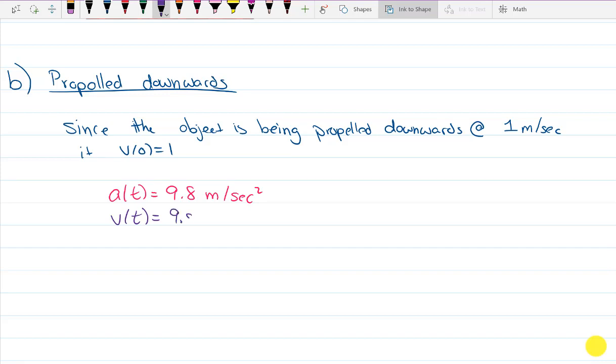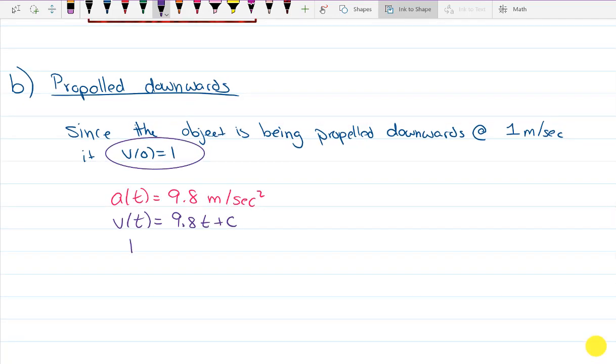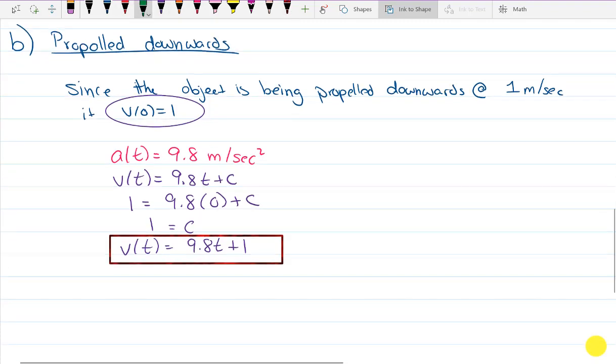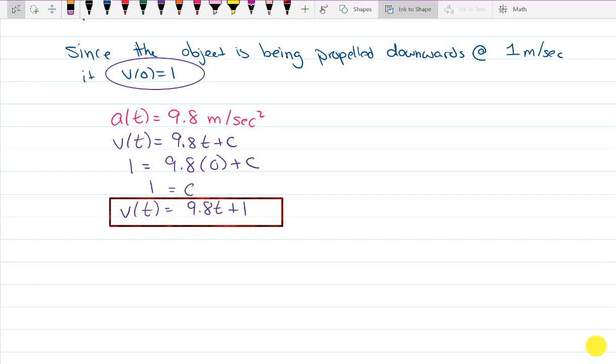So you get 9.8t plus c, but in this case, v of 0 is equal to 1. So 1 is equal to 9.8 times 0 plus c. So you get that c is equal to 1. So our velocity function is 9.8t plus 1. Now what we need to do is find our position formula.